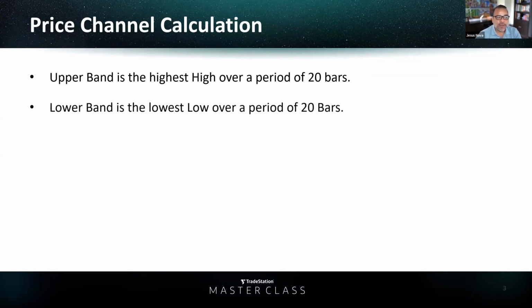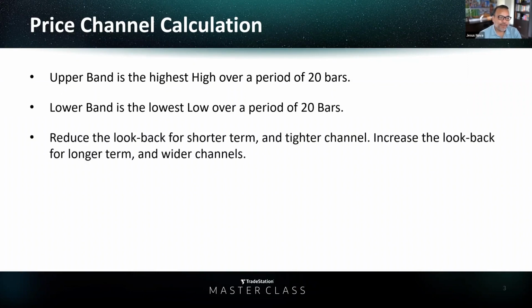The lower band is the lowest low over a period of 20 bars. Reduce the look back for a shorter term and tighter channel, or increase the look back for a longer term and wider channel.